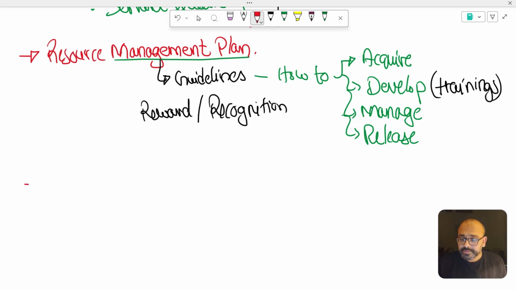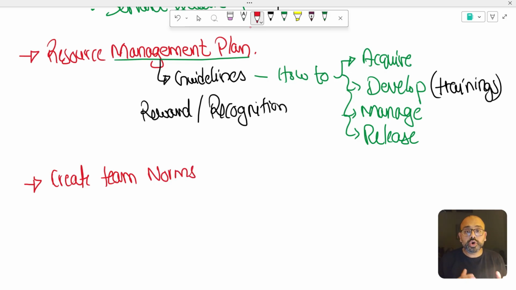Then there is the concept of the team charter, which is actually to create team norms. Team norms are the expected behavior, how team members will be behaving while working on the project.